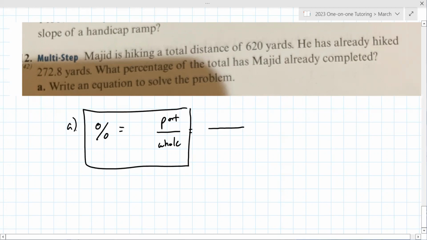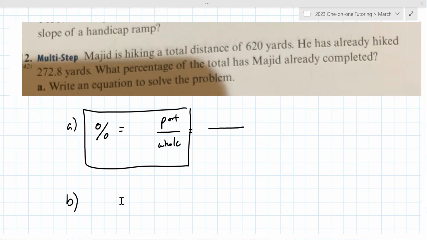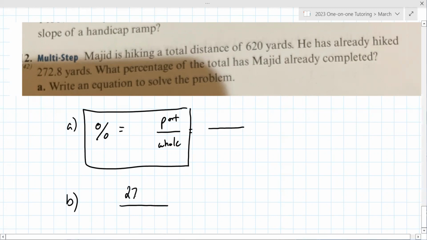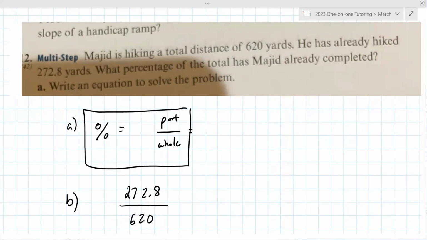So part A is this right here. Part B looks like where we actually have to solve it. So we have to put those numbers in: 272.8 divided by 620. Are you allowed to use a calculator?